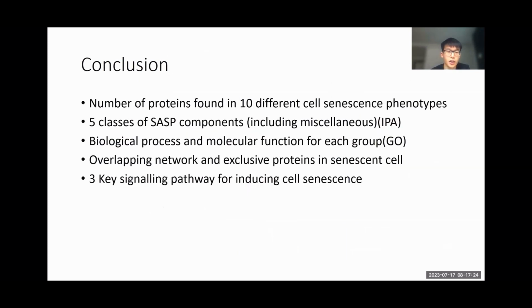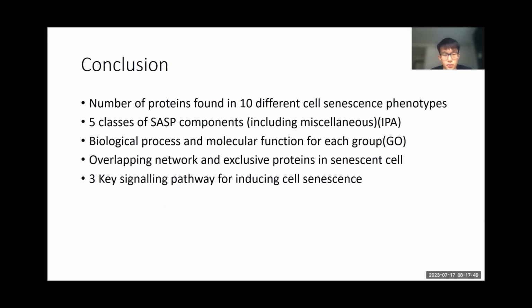And then yeah, I talked a lot, and I just want to conclude that for these articles, they find all the proteins produced under cell senescence in 10 different types of phenotypes. Then they classify 5 classes of SASP components, including the miscellaneous one.